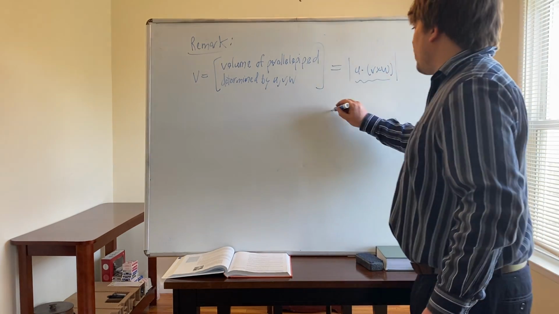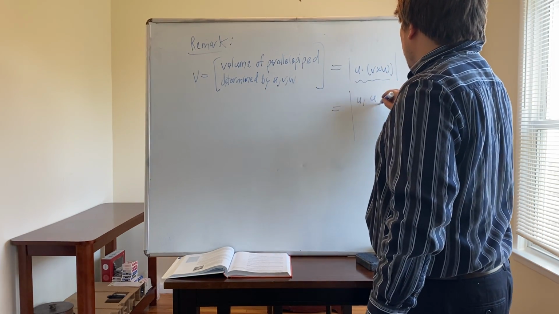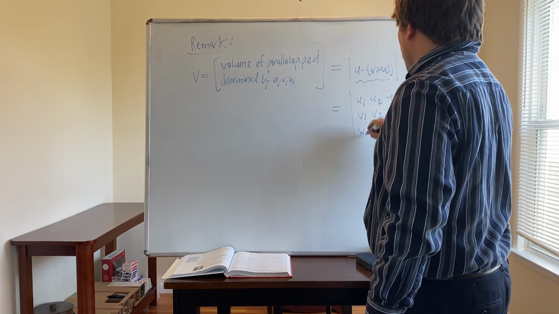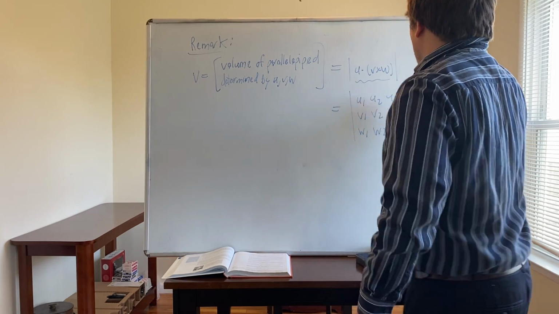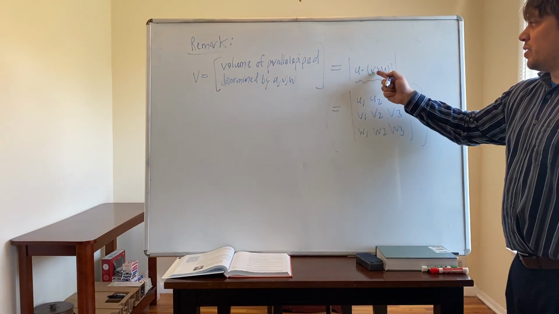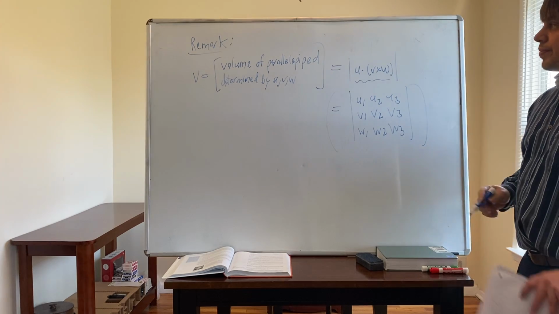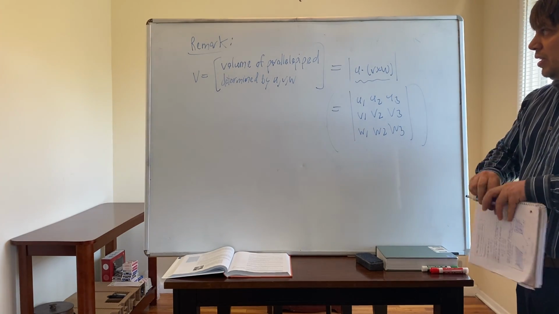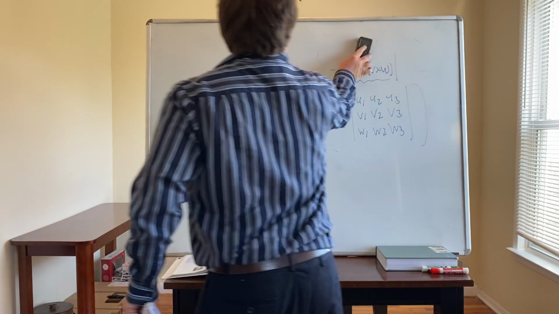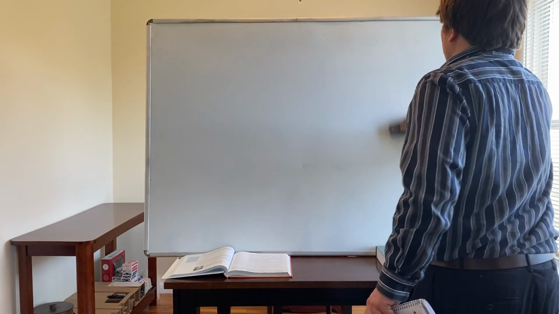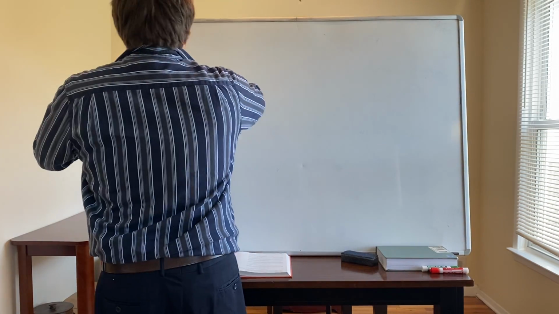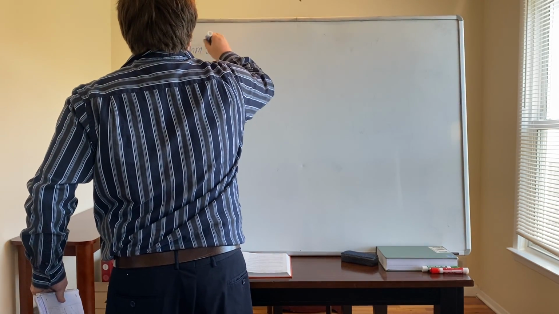Right, and the absolute value of that is equal to this determinant from earlier. So this is equal to that. So theorem 3.5.5.